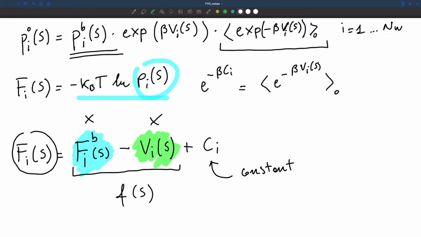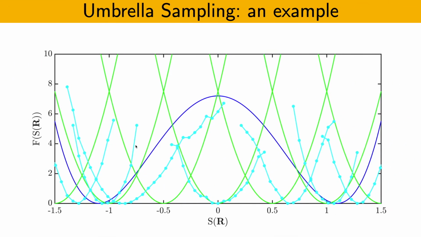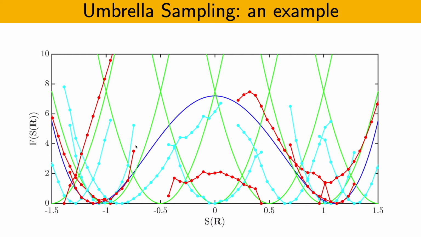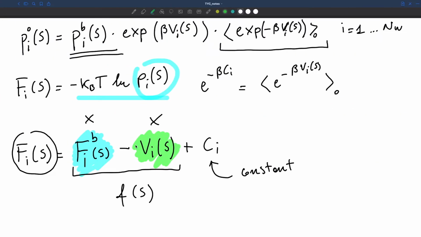This is the bias potential that we need to account for, and if we do that, we can obtain a local estimate of the free energy surface, which is represented in red here. In this equation we are now computing this free energy surface Fi of S from the terms that come from the biased probability density sampled in every independent window and the bias potential defined in every window.